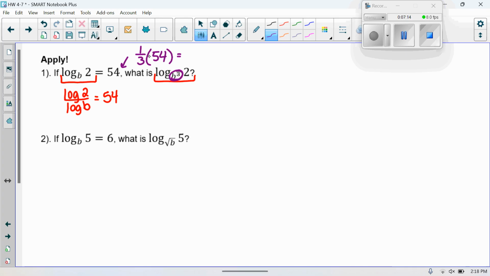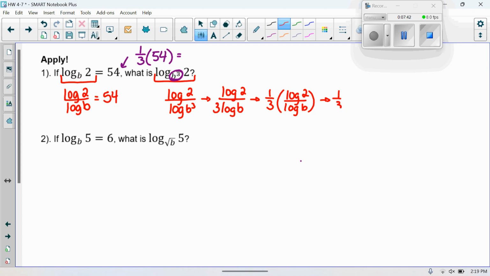This is log 2 over log b cubed, which becomes log 2 over 3 log b, which is 1/3 log 2 over log b, which is 1/3 times 54.